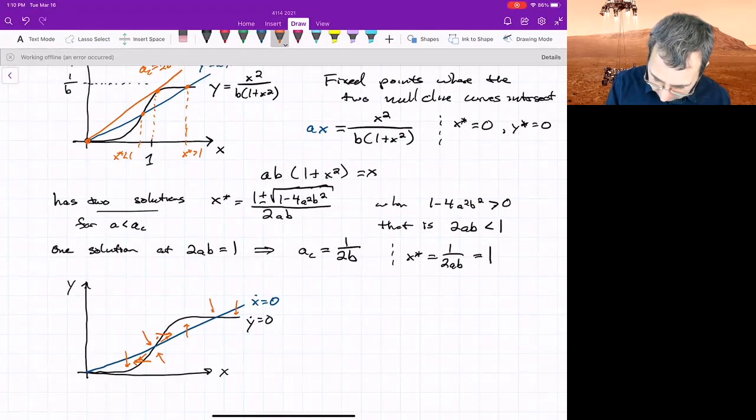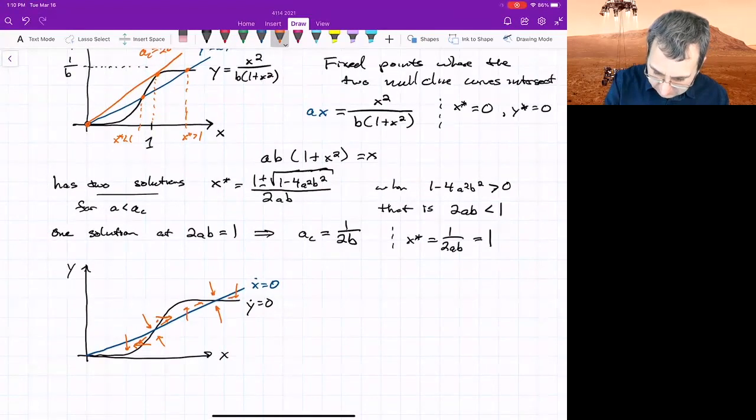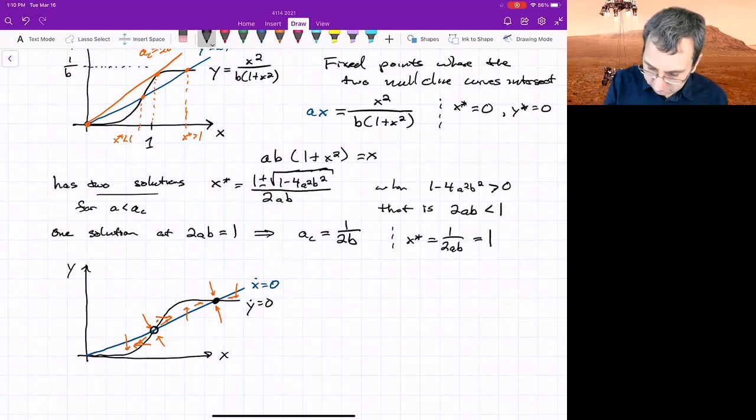And then over here, things are just sort of coming in from all directions. So we've got a saddle and a fixed point. We're not yet sure if it's a node or spiral. It's in the category of sink because things are going in.